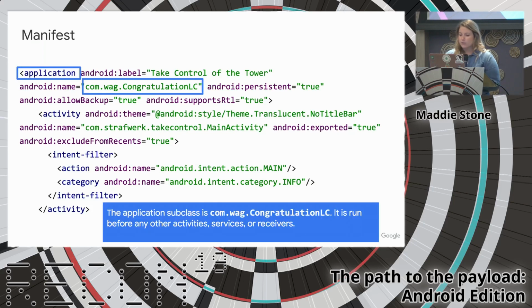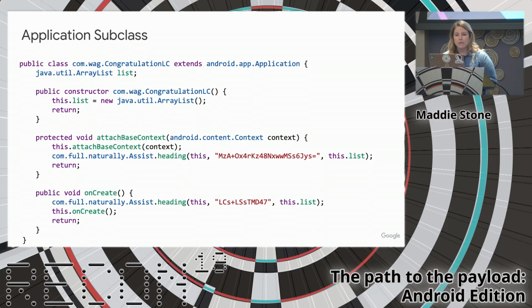What's interesting about an application subclass in Android is if it is defined, that is run prior to any receivers, activities, or services within your application. So yes, they have defined some activities, but those are benign, and they're not actually executed because this runs before them. So this is all the code that exists in the application subclass for this application.